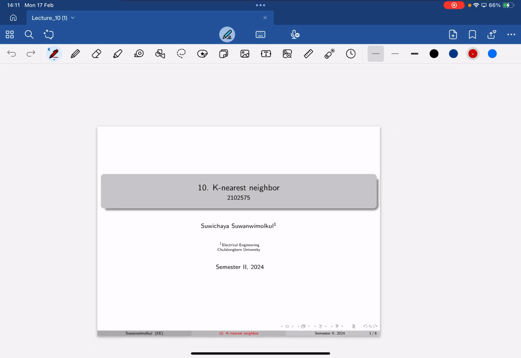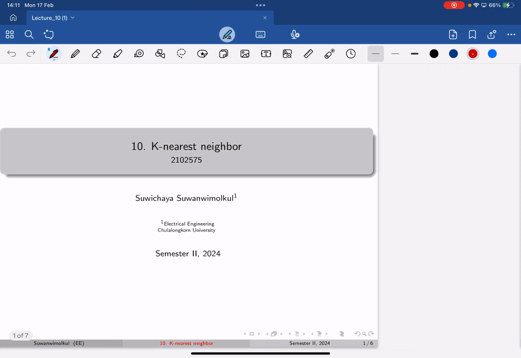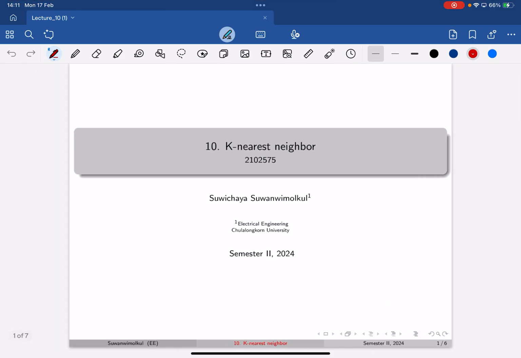Okay. For some reason, there's some problem with that. Let me check. I think there's some problem with the aspect ratio. I'm not sure why it was like that.